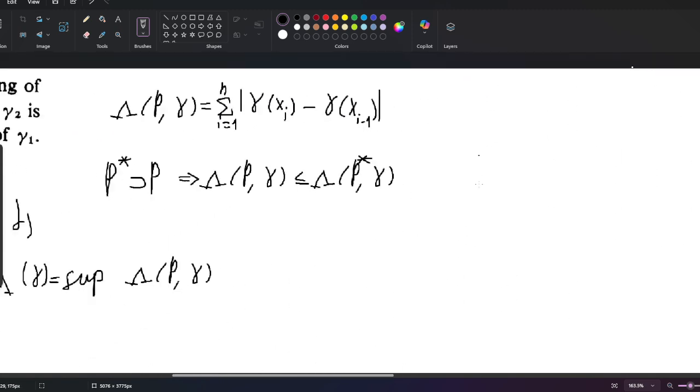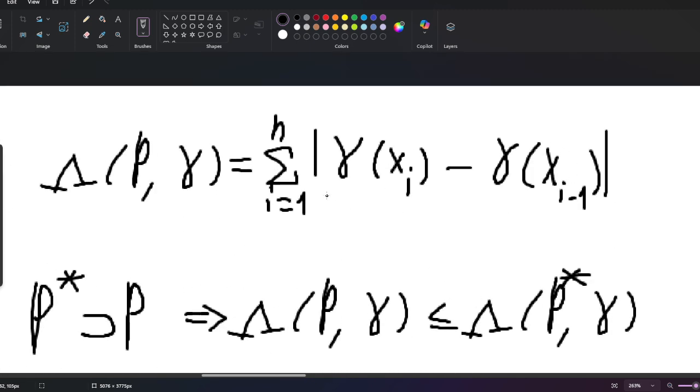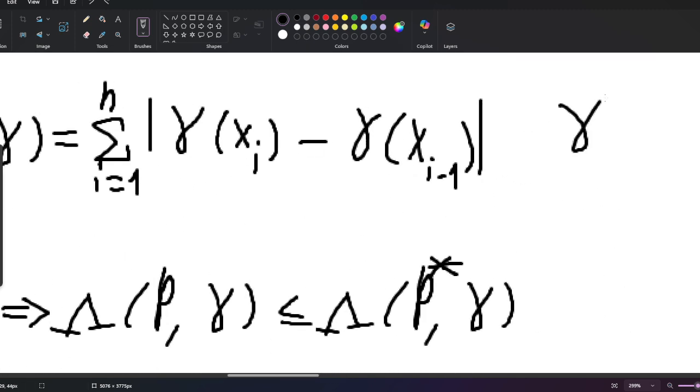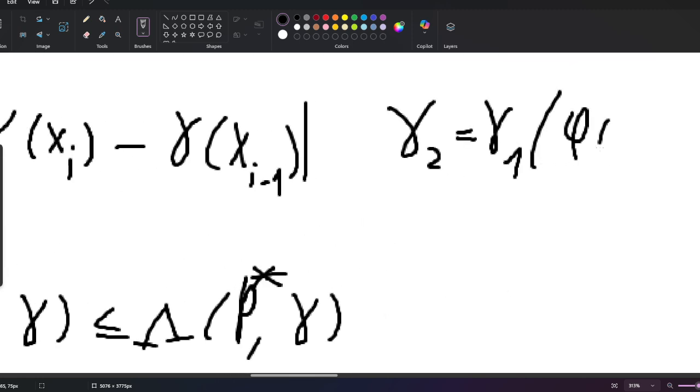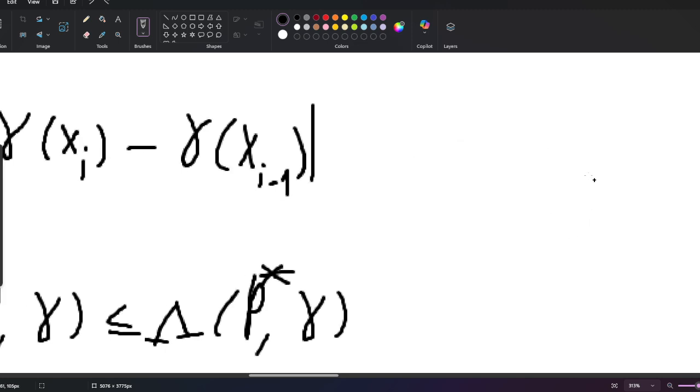Because if you look into this definition, gamma 2 is just gamma 1 of phi of whatever value we paste in, and if we take the inverse here of this part of the segment, we just get gamma 1 of x i instead of gamma 1 of phi inverse, because we have phi stacked here.